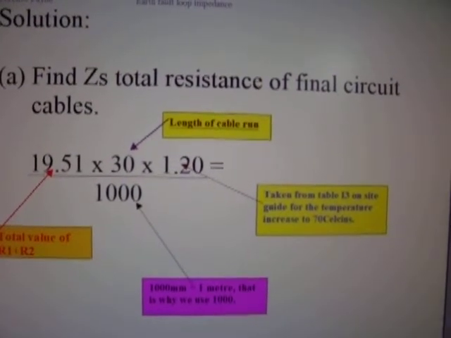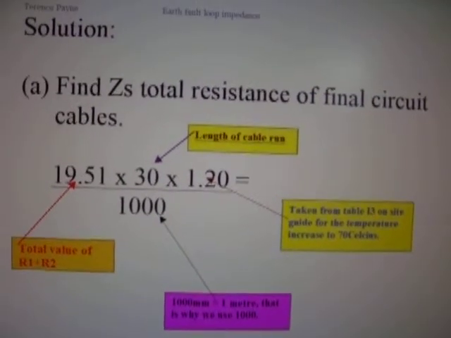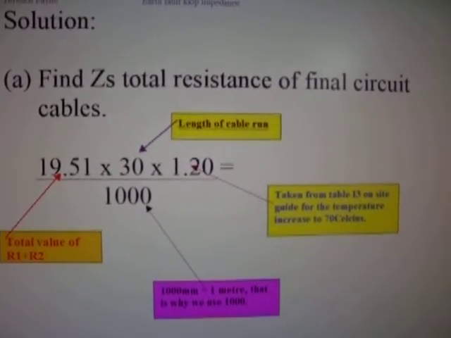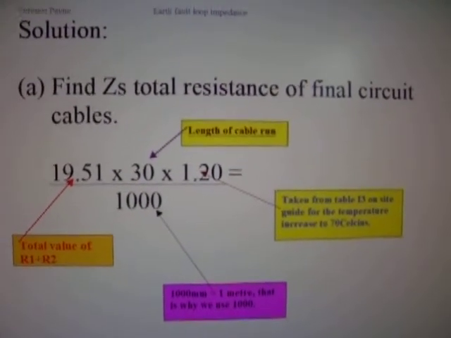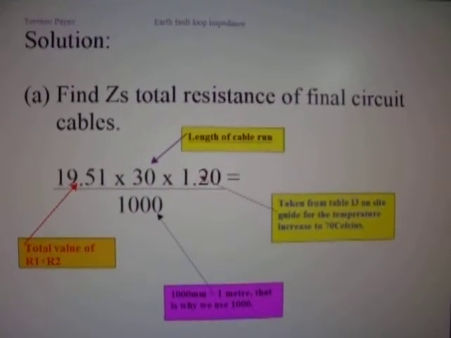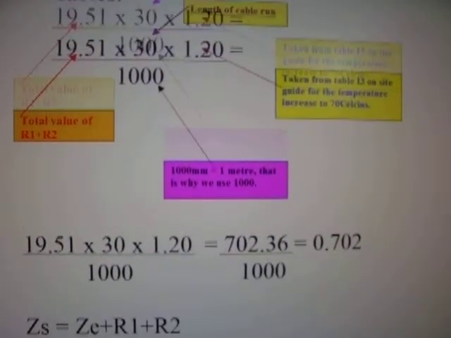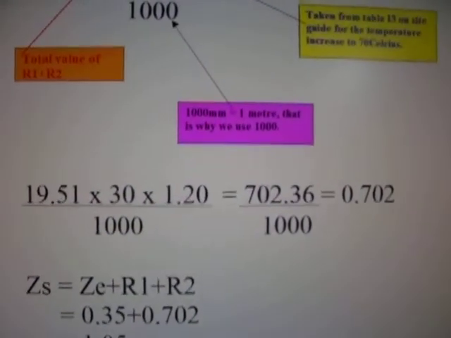All it's telling you here is what the length of cable run is, and I've extracted the information and laid it out for you. It's now down to you to make sure that you can apply it. So let's see what we then did.